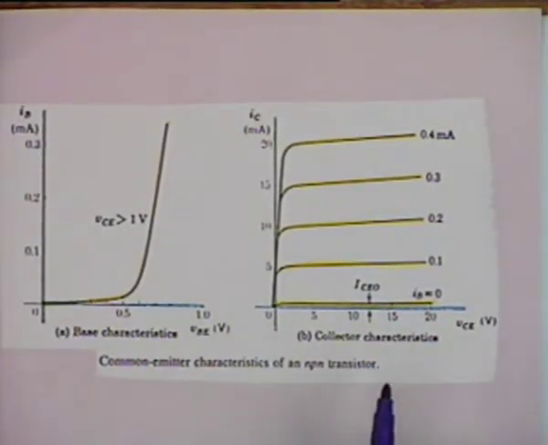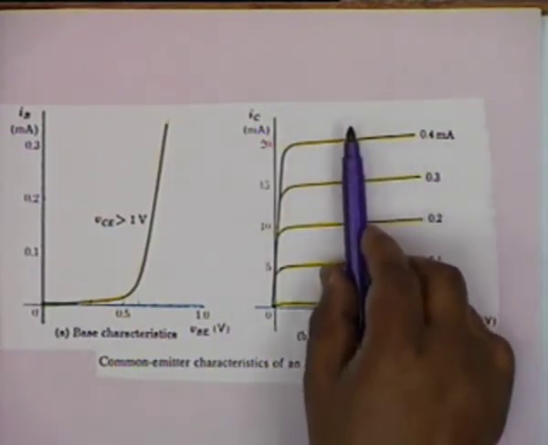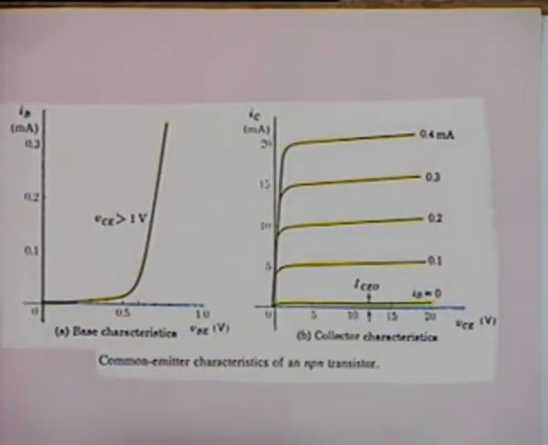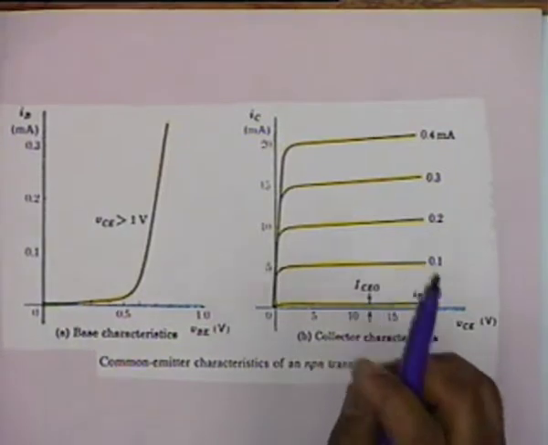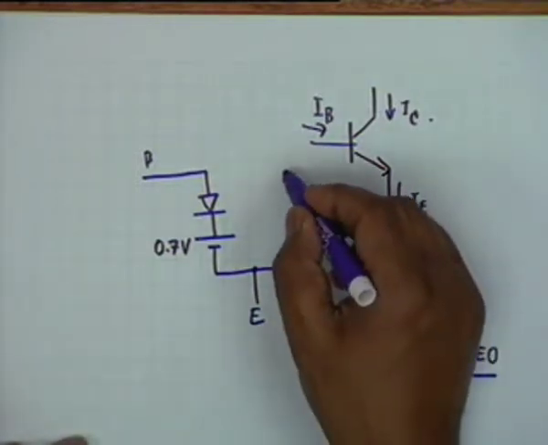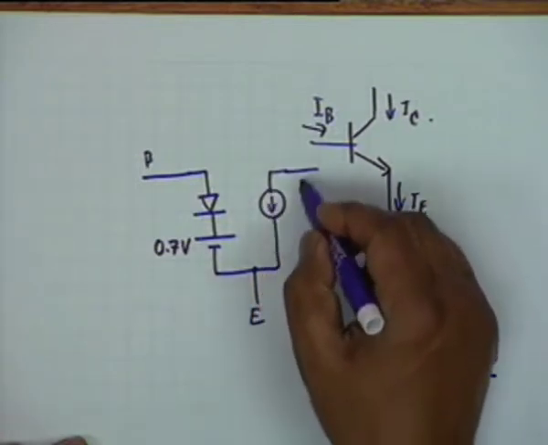As far as amplification is concerned, we are concerned with the part of the characteristic where equal increments of I_B lead to equal increments of I sub C. This is the region which we are interested in for amplification. Now, this characteristic I sub C equal to beta I_B plus I_CEO can be represented by simply two current generators.